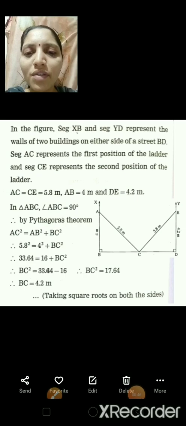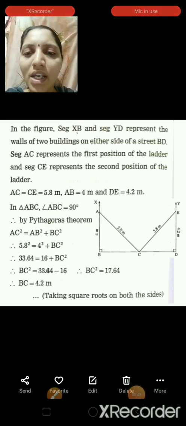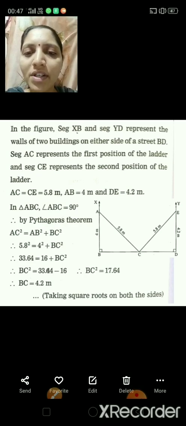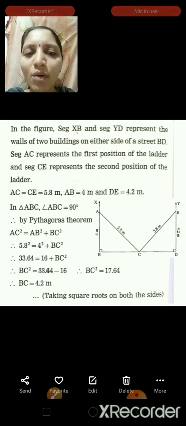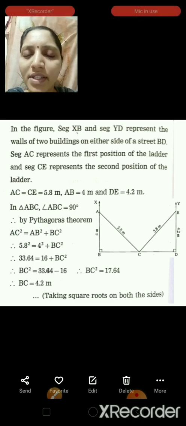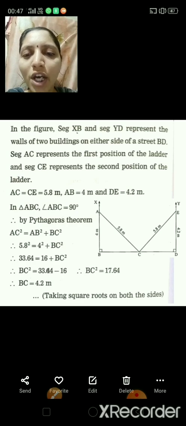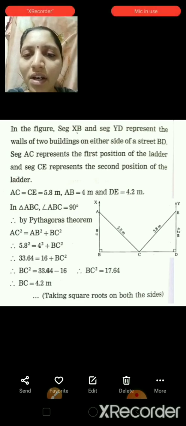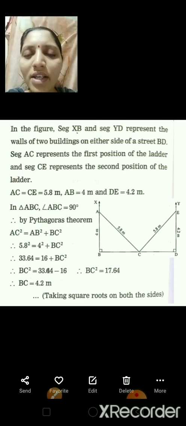According to this figure, AC is equal to CE is equal to 5.8 meters. AB is equal to 4 meters and DE is equal to 4.2 meters. In triangle ABC, angle ABC is equal to 90 degrees. So here you can use the Pythagoras theorem. So AC square is equal to AB square plus BC square.